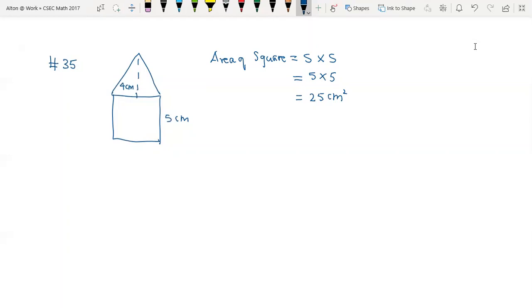The other basic shape we are seeing there is that of a triangle, so we need to find the area of a triangle, and the area of a triangle is the half multiplied by base multiplied by a perpendicular height.